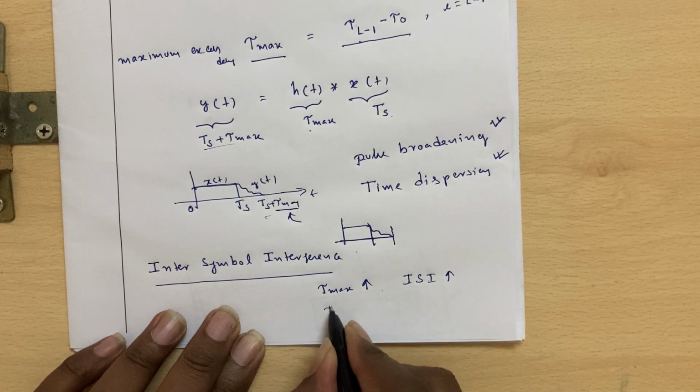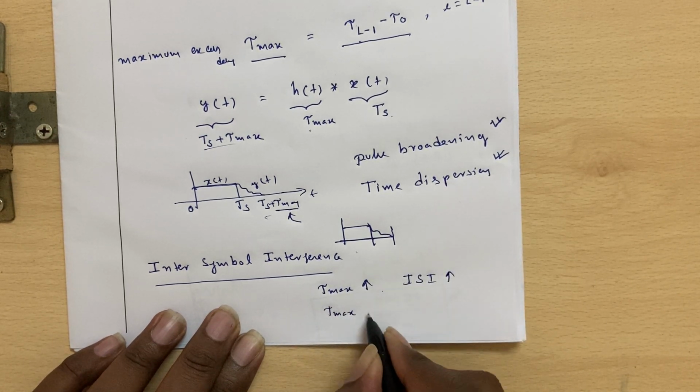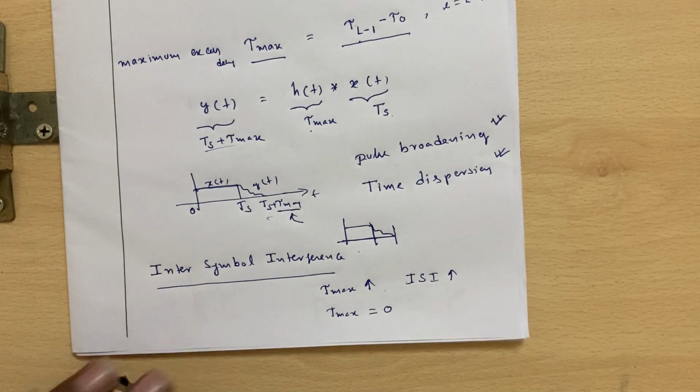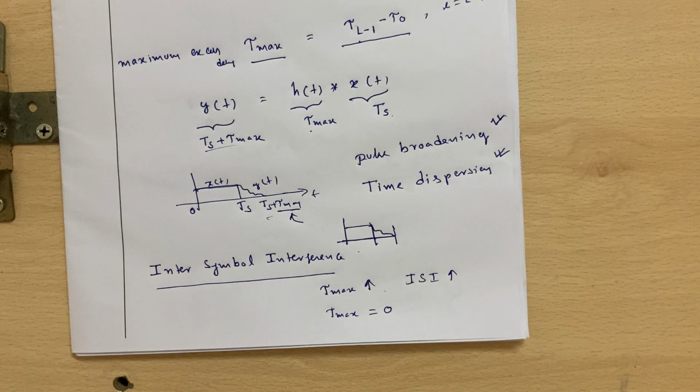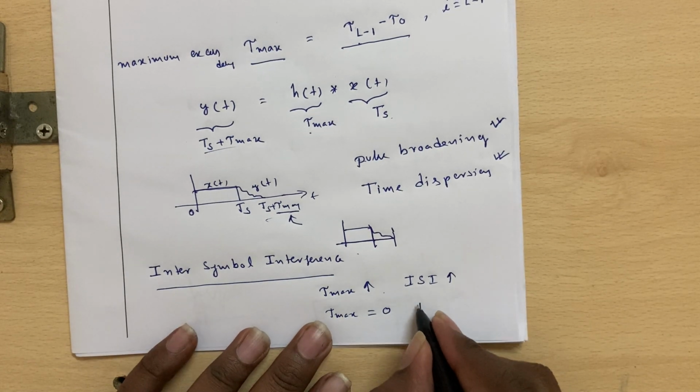If tau max is 0, it means there is only one path, not multiple paths in the impulse response. If there is one path, then tau max will become 0. There will not be any excess delay component present in the impulse response. Then thereby ISI will become 0.